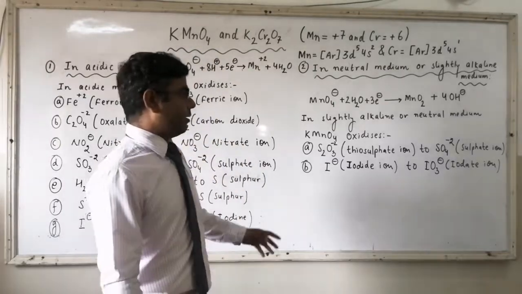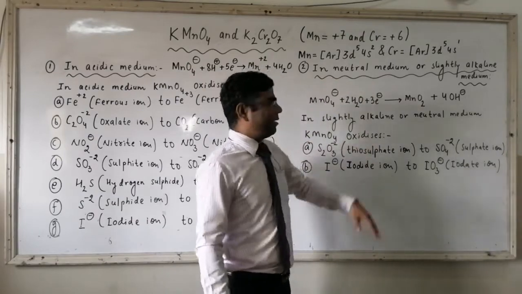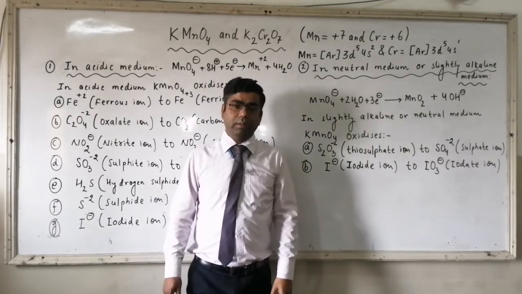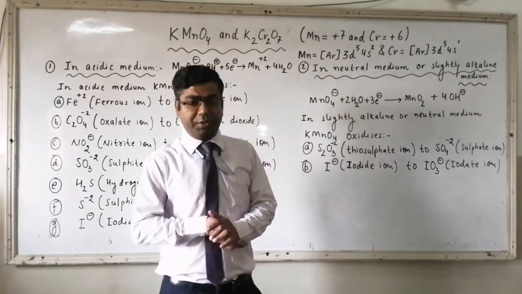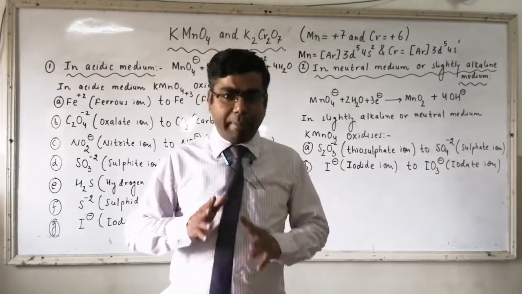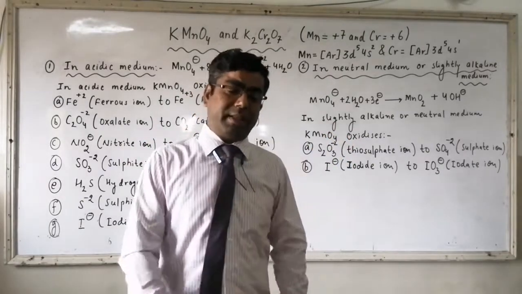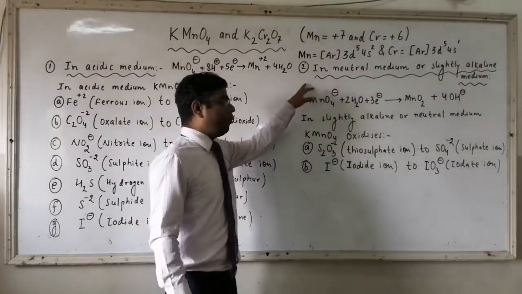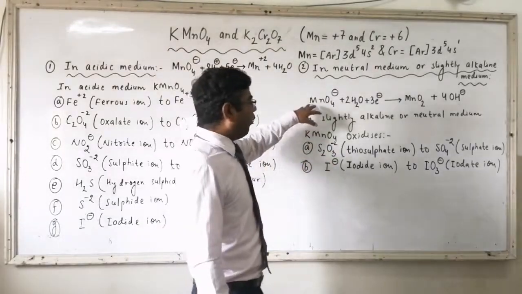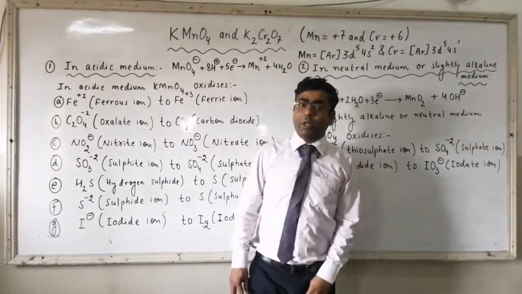Now, if the medium is changed, instead of acidic medium, now we are using neutral medium or slightly alkaline medium, then the progress of the reaction will change. In acidic medium, MnO4- gets converted to Mn 2+. The +7 state gets converted to the +2 state, but in a neutral medium or slightly alkaline medium, MnO4- gets converted to MnO2, manganese dioxide, which is called pyrolusite.